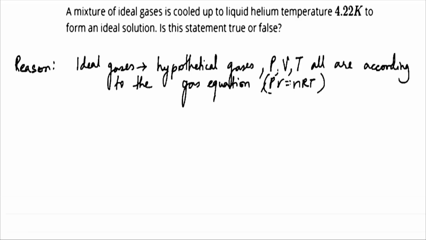All the ideal gases come under this equation, that is their pressure, volume, temperature, everything can be calculated using this equation. Now all gases are actually real. There is no question of ideal gases. All gases are real. They do not obey the ideal gas law.